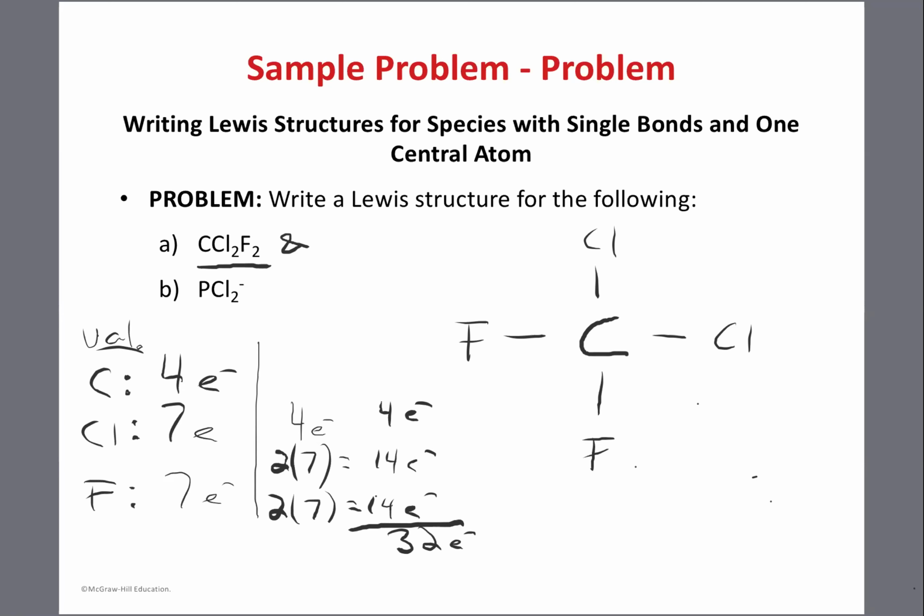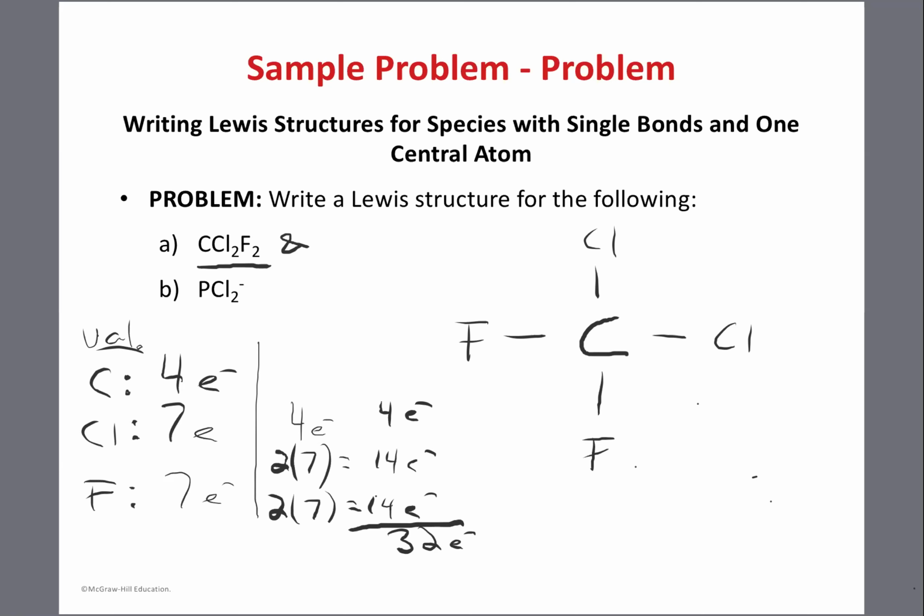So I put my carbon in the center and the other atoms around the carbon. It does not matter if you put the chlorines across from one another or the way I have it drawn, because the Lewis structure itself does not infer any molecular geometry. It's just the pattern of bonding. Now, what do I need to do to fill in this Lewis structure?